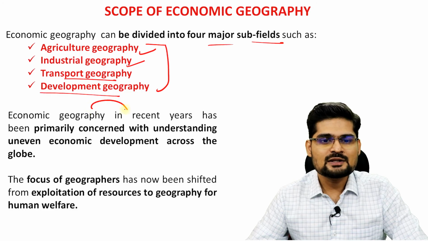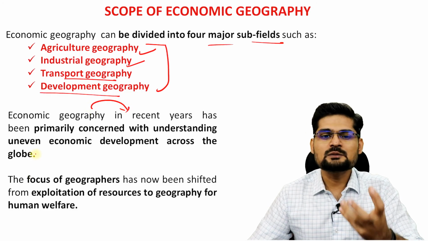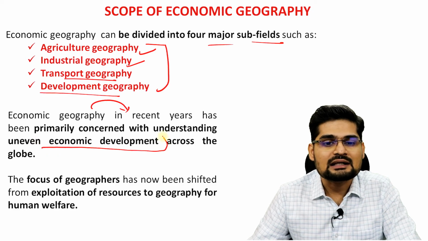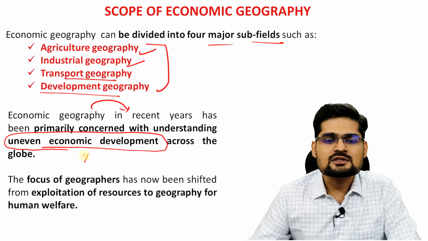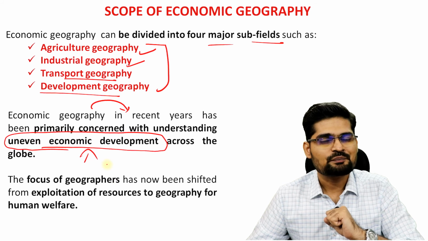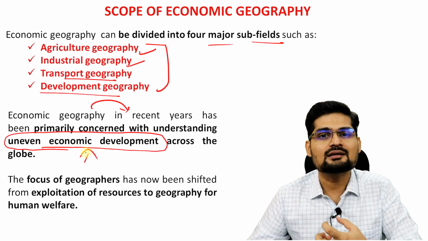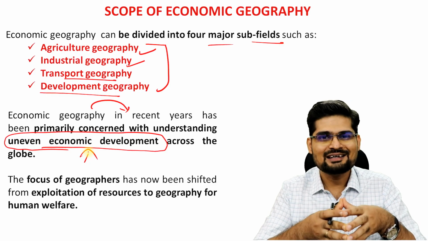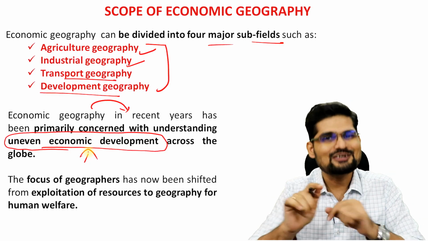Right? So economic geography in recent years has been primarily concerned with what? With understanding uneven economic development, which is the cause of worry for everybody around the world. Right? The poverty, the hunger, all these things are part of our sustainable development goals as well, right? Where you see the scope of economic geography.